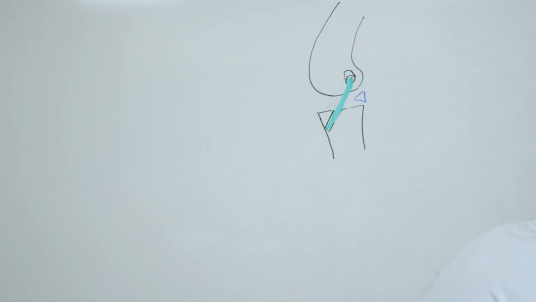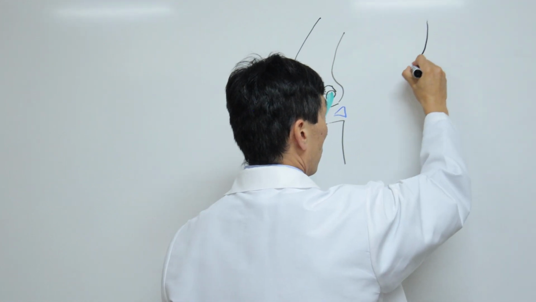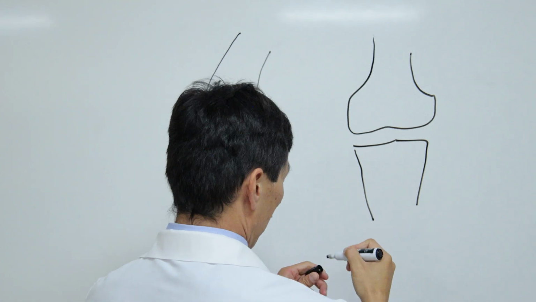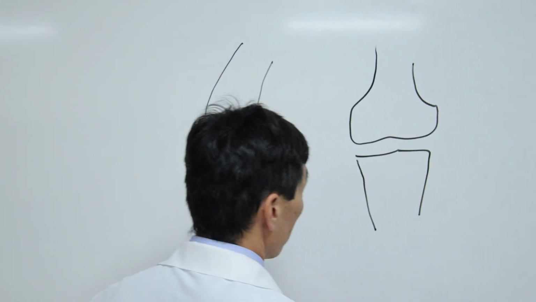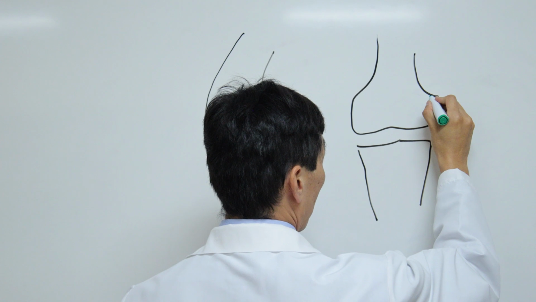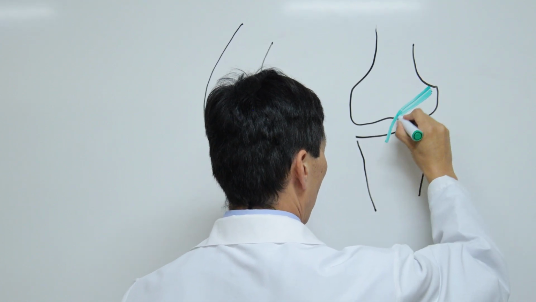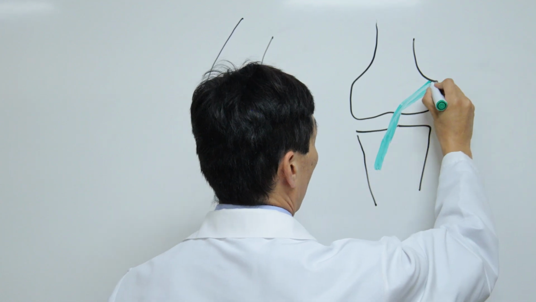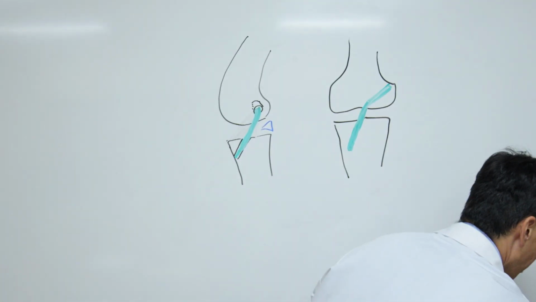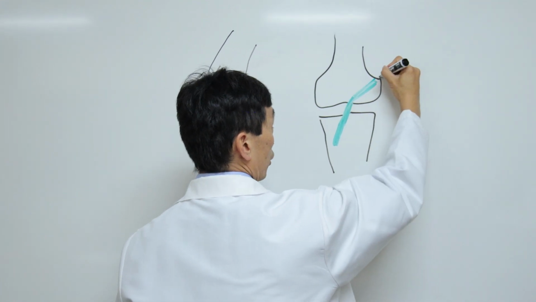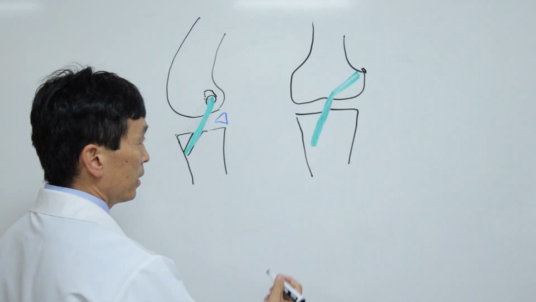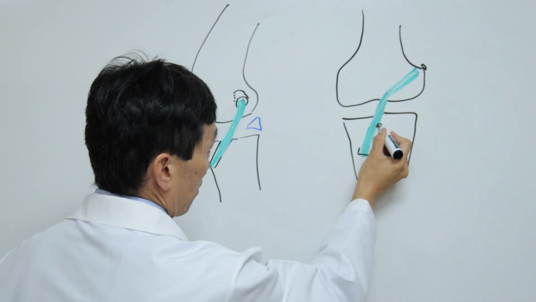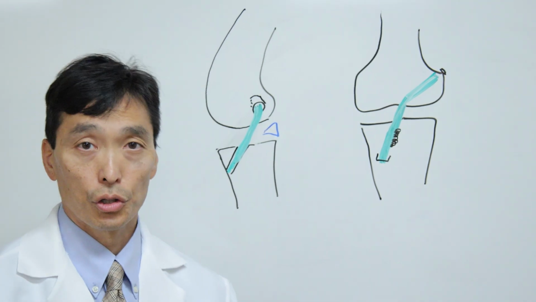From a side profile, it would look like this. And it will be secured by a small metal button here, and a staple here, and a bioabsorbable interference screw here.